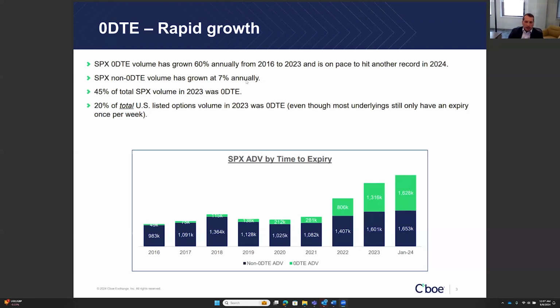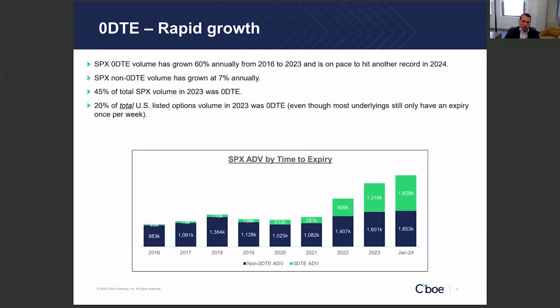45% of total SPX volume in 2023 was 0DTE. We typically see between 45 and 50%, and that's pretty consistent. We don't see big variations from month to month. An interesting stat is that 20% of the total listed options volume in 2023 was 0 days to expiration.